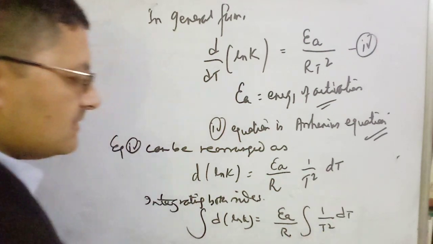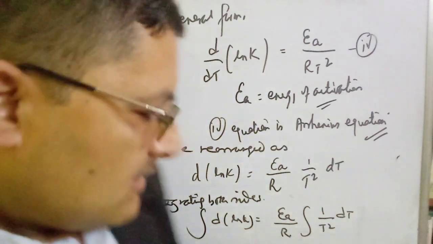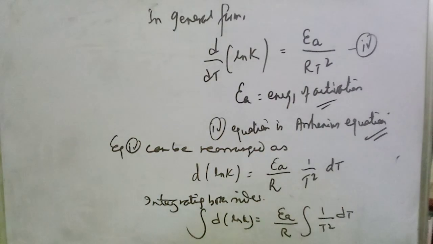EA and R are constant. Energy of activation is constant for a given reaction, so these two are constant, and T is the variable, and k is variable, so we can integrate k and dt. If we integrate this equation in this way, we can easily get it.